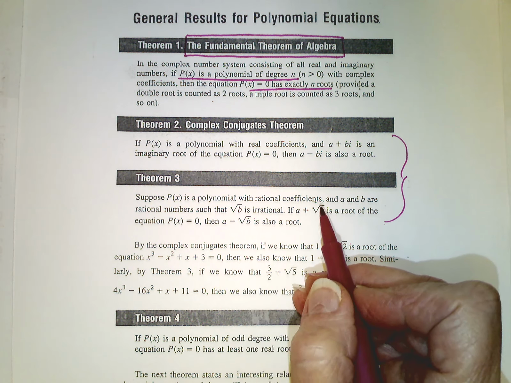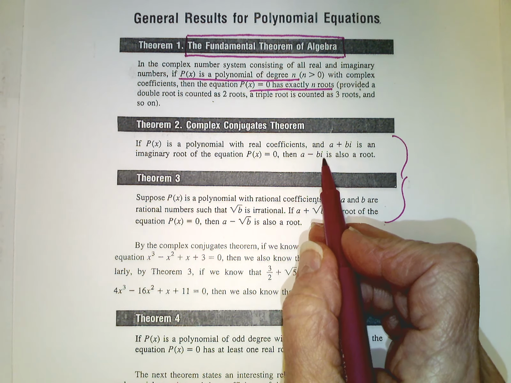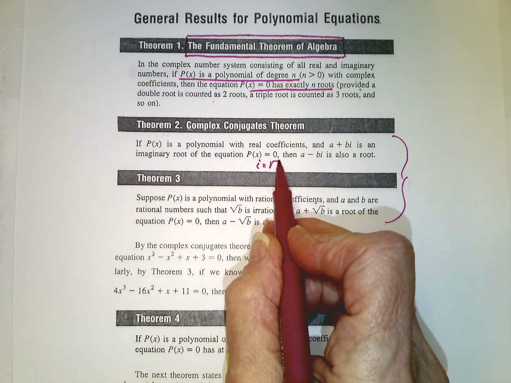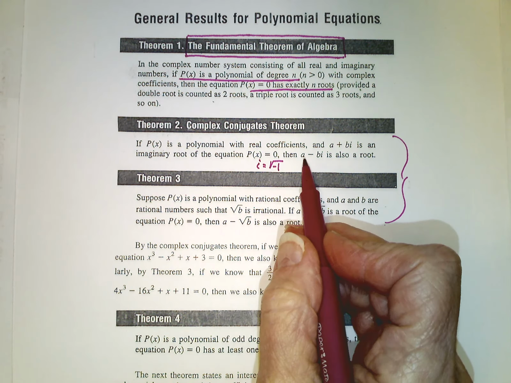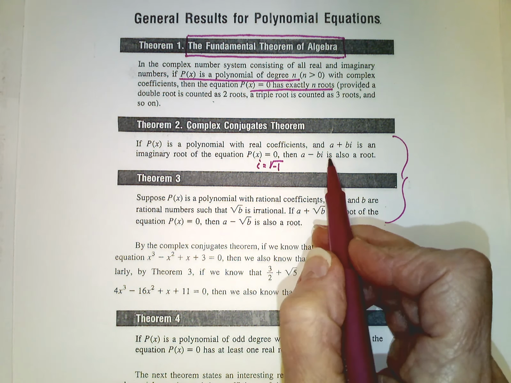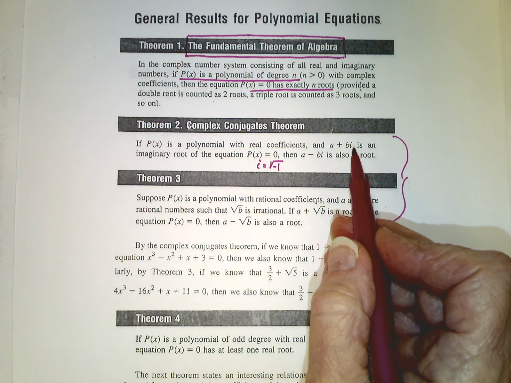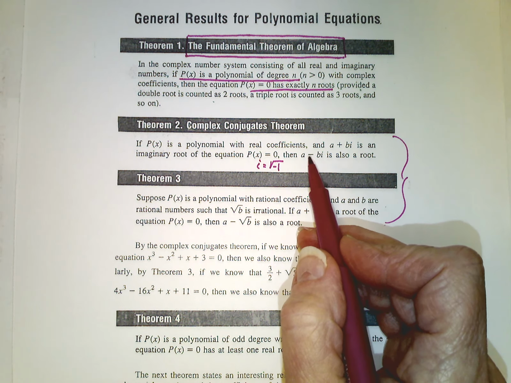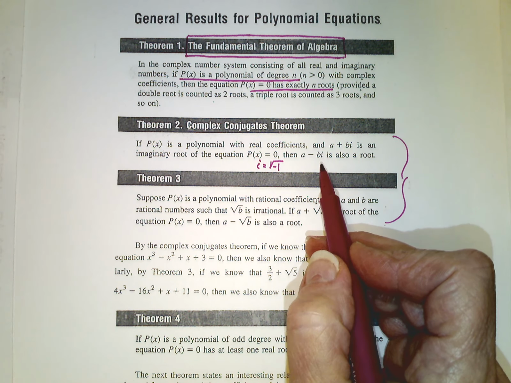Now this one obviously is square roots, but this one says a minus b times i. But of course you know that i is the square root of -1. So this really is a square root. And again, they say if a plus b times the square root of -1 is an answer, automatically a minus b times the square root of -1 is an answer.